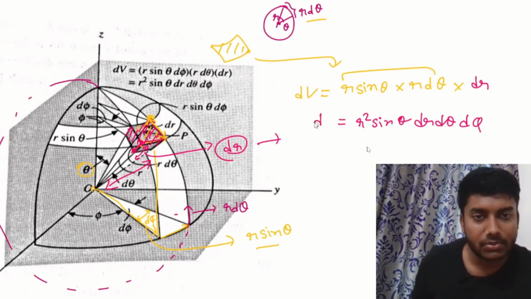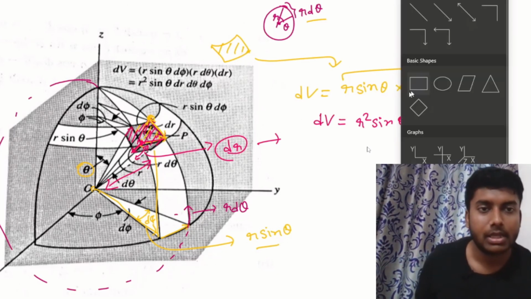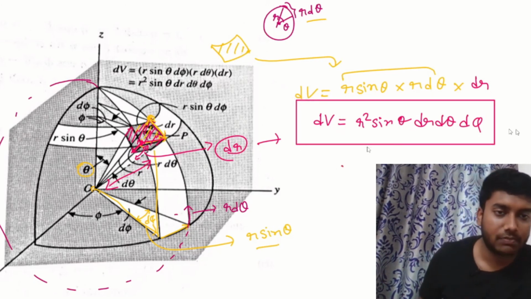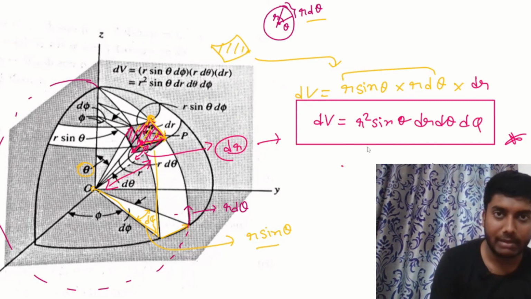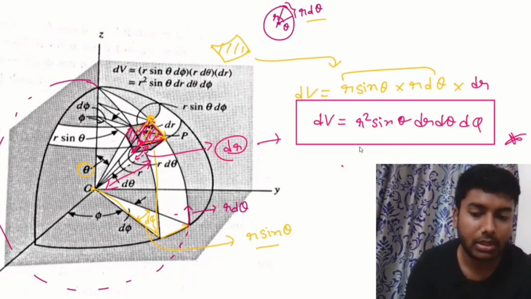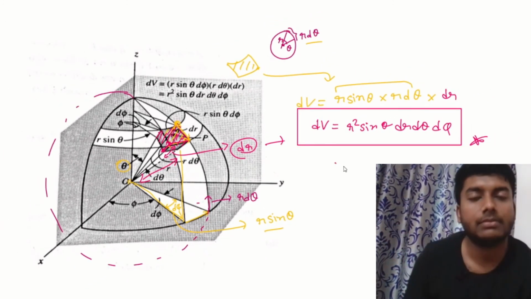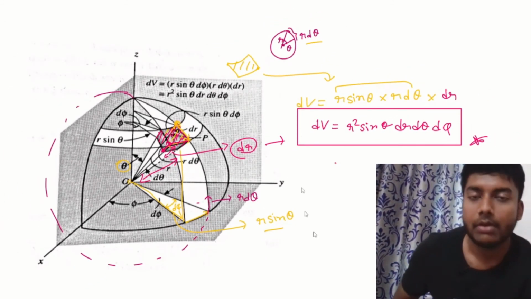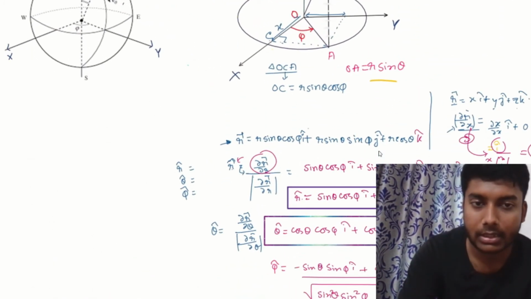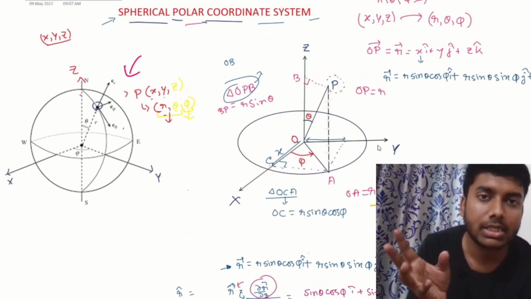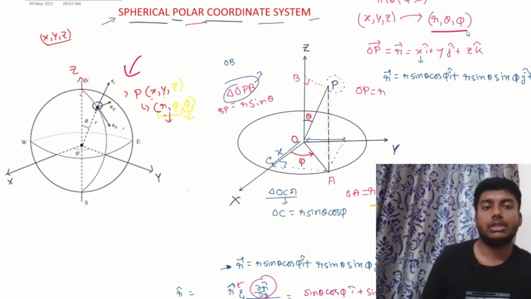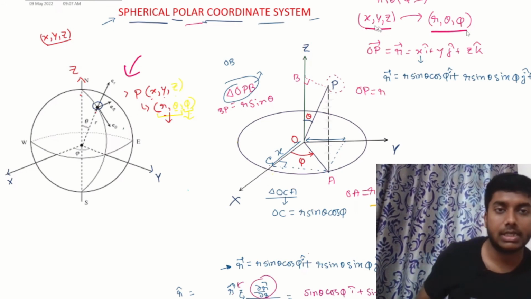So this will give us the volume element in the spherical polar coordinate system. This is very important for solving many mathematical problems in physics. So I think we have understood the concepts of how I have calculated the volume element, the surface element, and how I have calculated all the relations of r cap, theta cap, and phi cap in the r theta phi coordinate system with the x y z coordinate system.